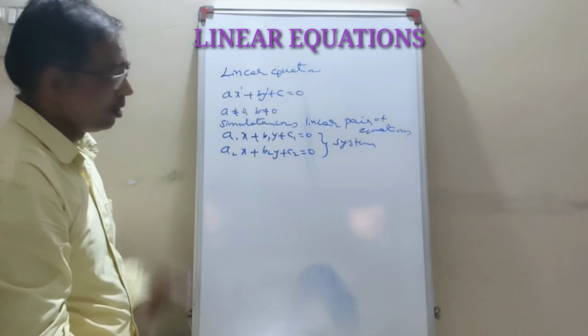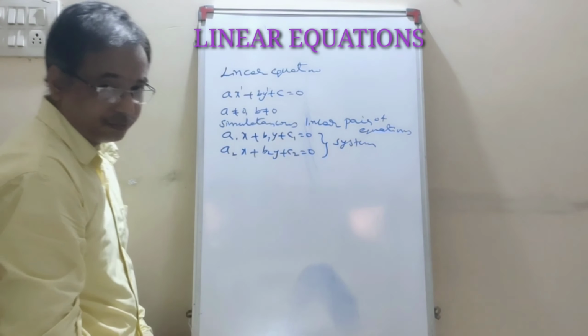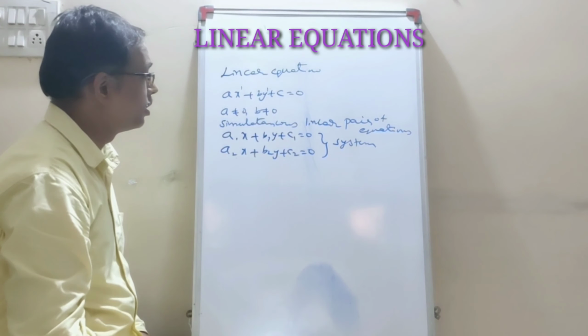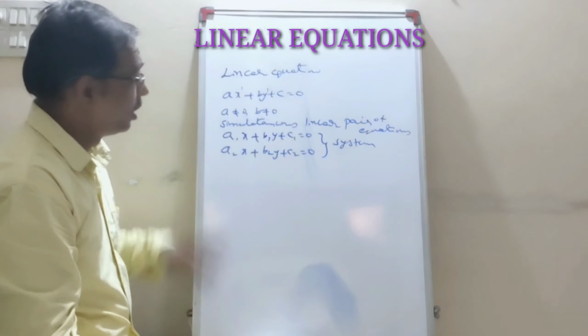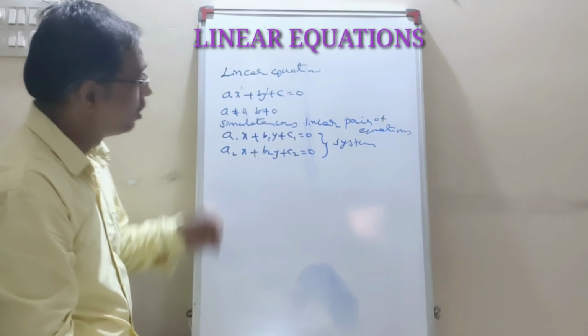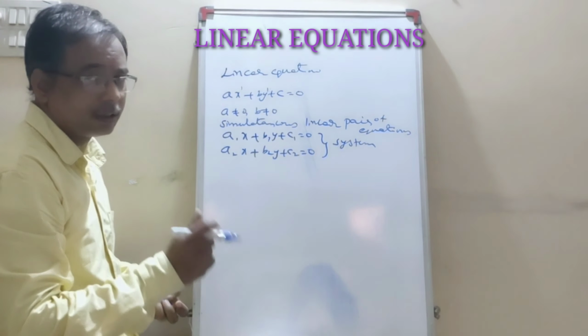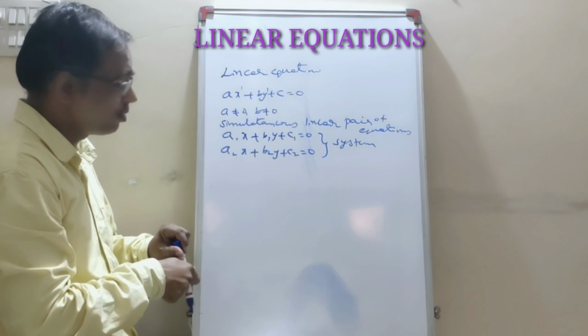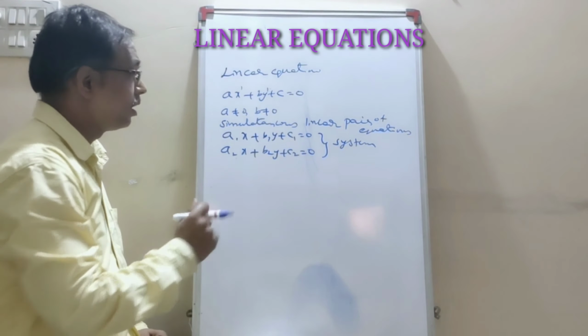We have three types of equations by taking the relations of the x and y coefficients. So there are three natures, and the first one is intersecting lines.